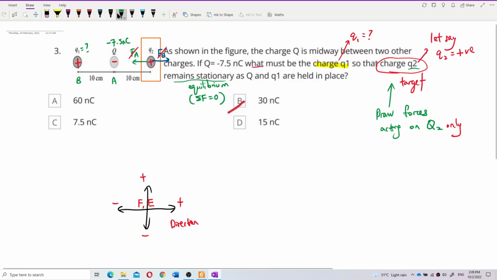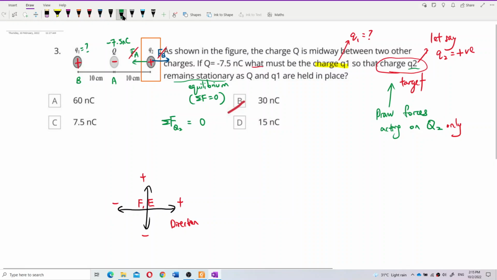When we talk about the resultant force on Q2, going to the right, the force is positive. Going to the left, the force is negative. So FB is positive, FA is negative.